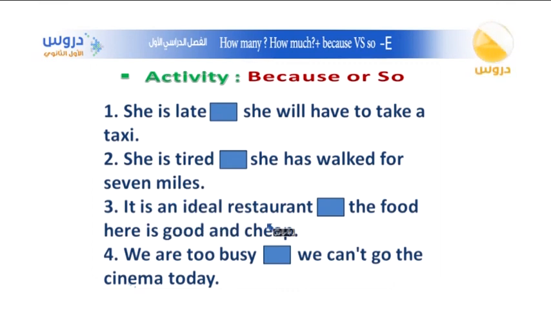Let me give you a key to answer such questions here. If you read the first sentence, it is an ideal restaurant. Ask yourself why. Why? Because the food here is good and cheap.